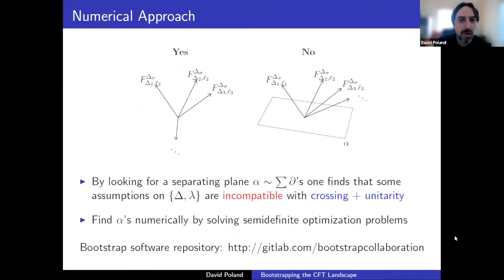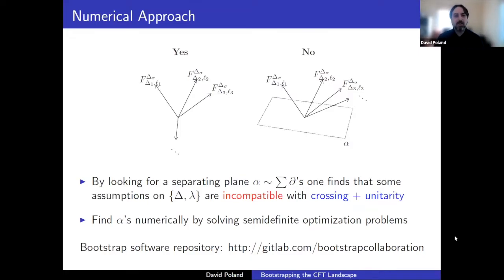Over the last decade or so, we've been developing a powerful numerical approach to studying these crossing relations, which basically asks, okay, we're trying to sum up a bunch of functions, which you can think about as being like vectors in a vector space, with positive coefficients to get 0.